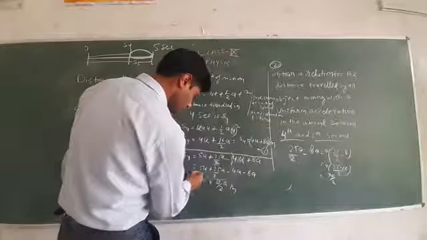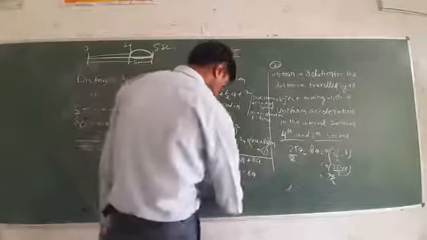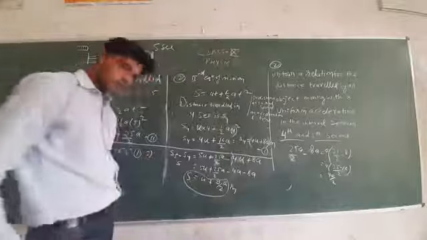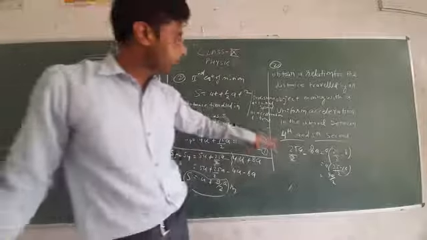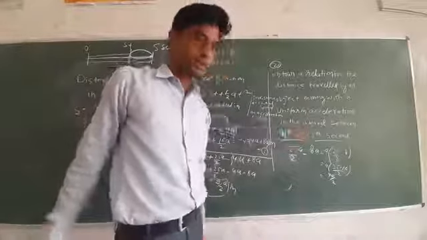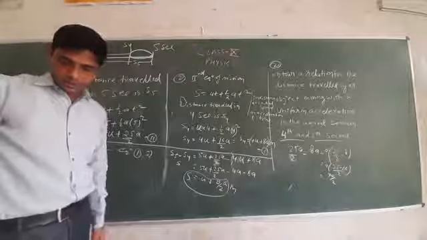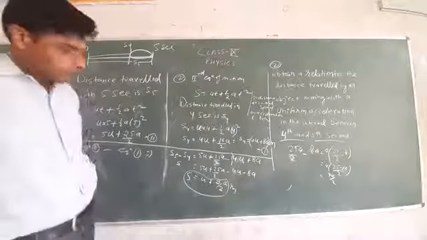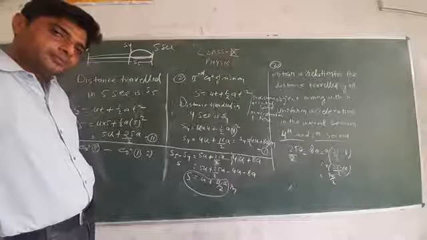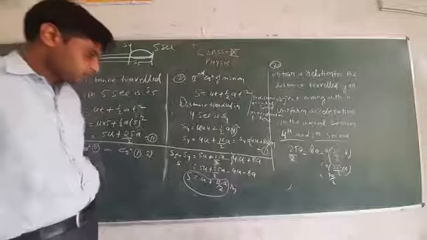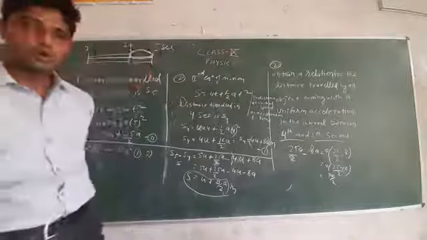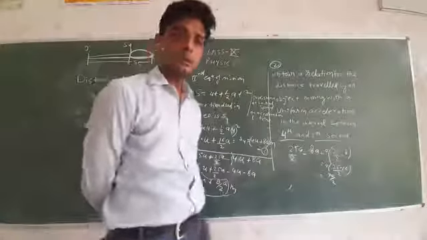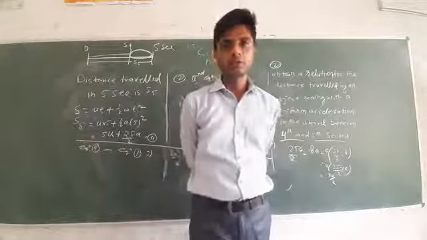So this is the distance, or this is the relation, traveled by the object between the 4th second and 5th second. Okay, I hope you understand this answer. So you have to try more numericals, and the next topic of this chapter I will explain in my next video. Thank you very much.